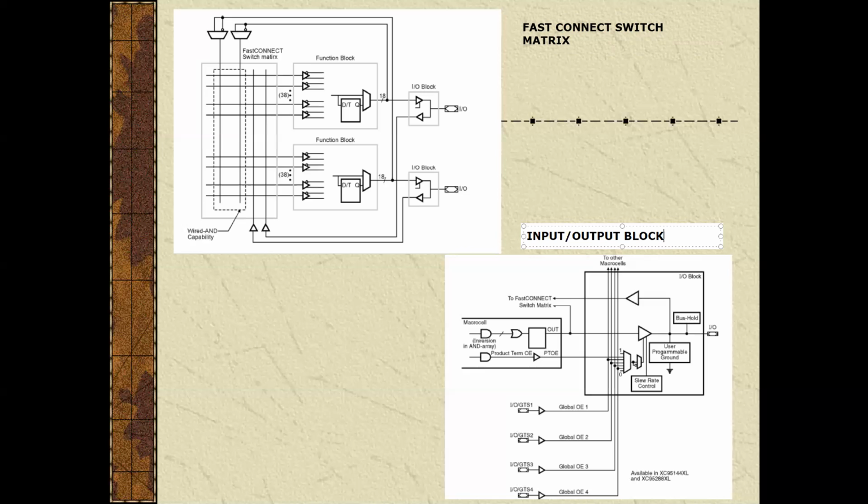The input output block contains an input buffer, output driver, output enable selection multiplexer and user programmable ground control. In the input output block, two global output enables drive the macro cells. The input output block provides slew rate control and also provides user programmable ground pin capability.